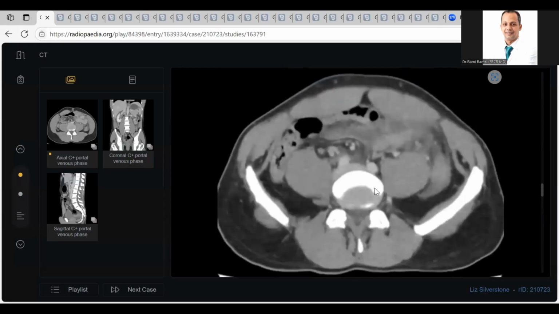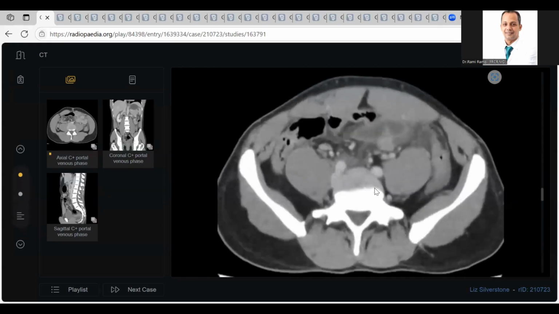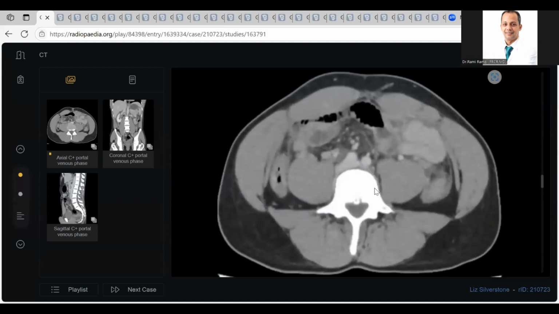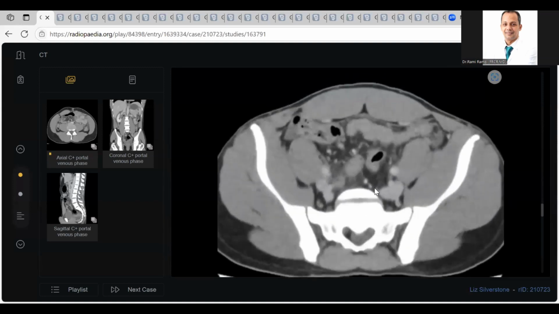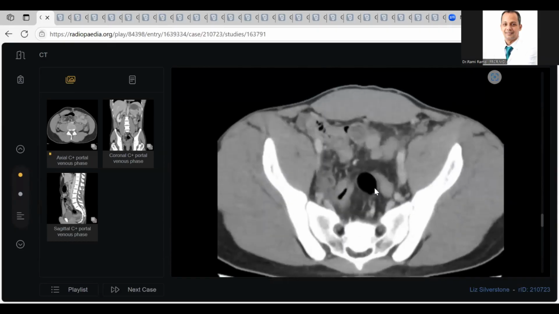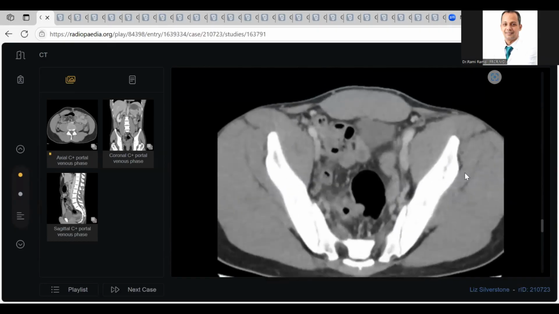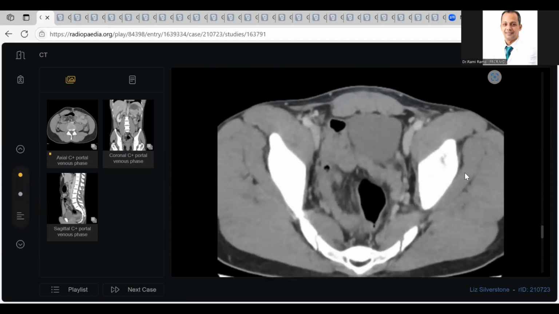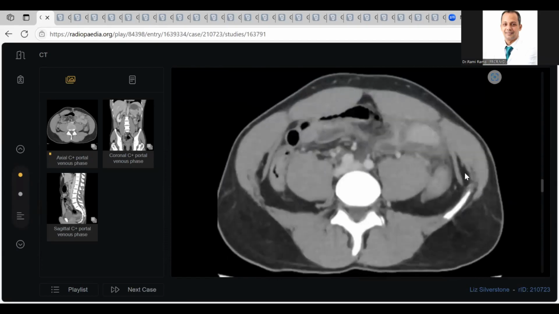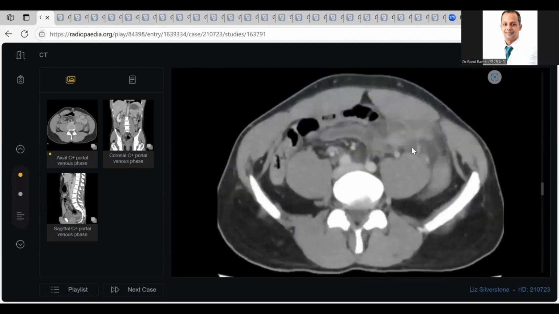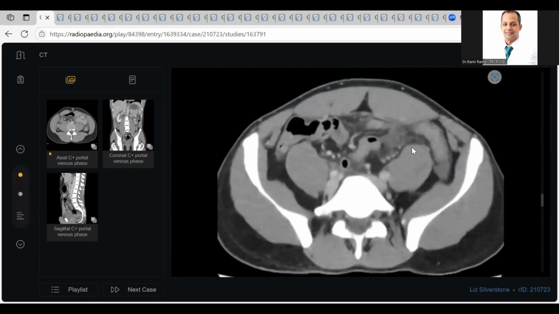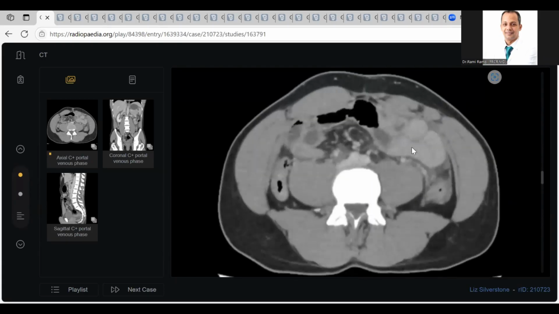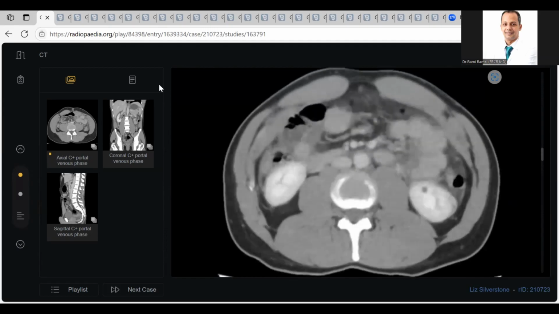I'm sorry for the confusion, but even here in axial, it can't be traced to its base. This is appendicitis. It disappears here. According to this loop, this is ileitis, surrounded by localized peritoneum. Okay, my colleagues.